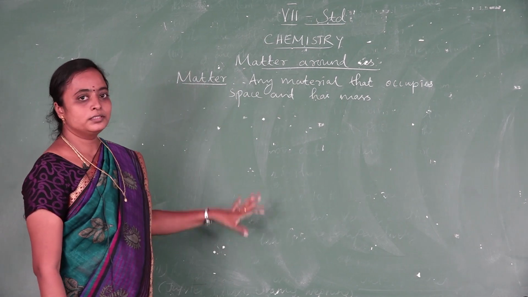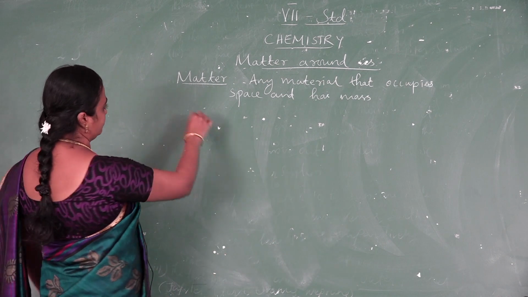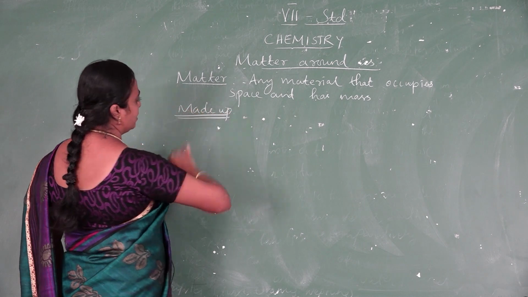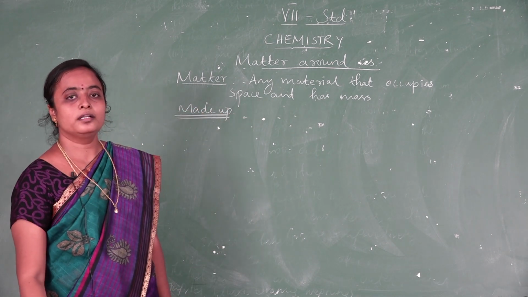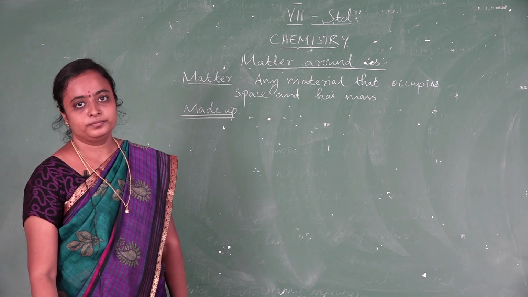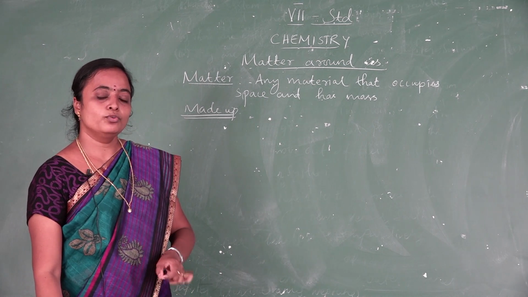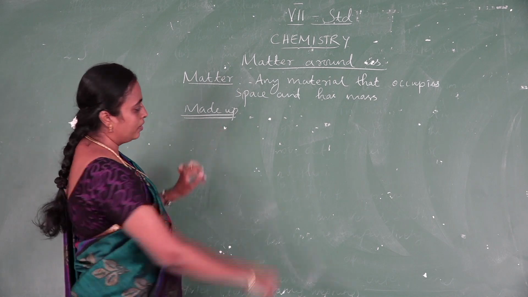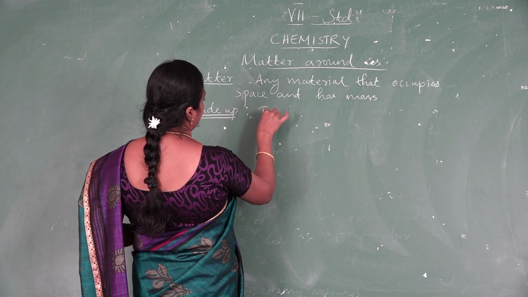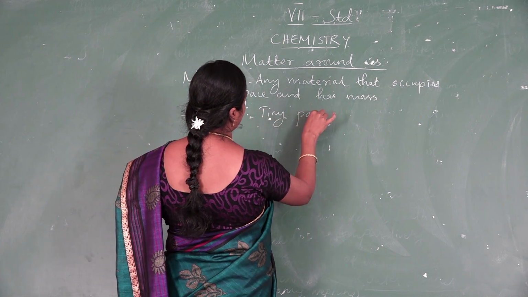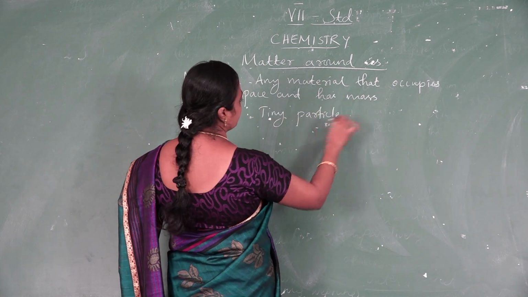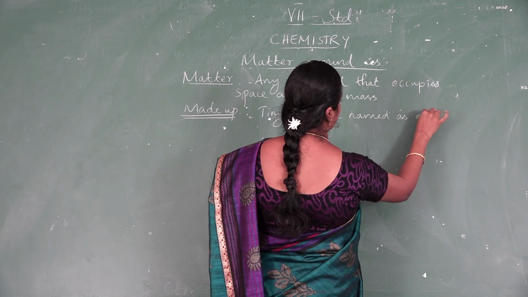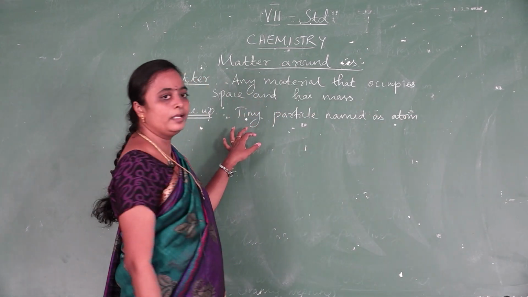Next, what is matter made up of? Matter is made up of tiny particles, and we name those tiny particles atoms.